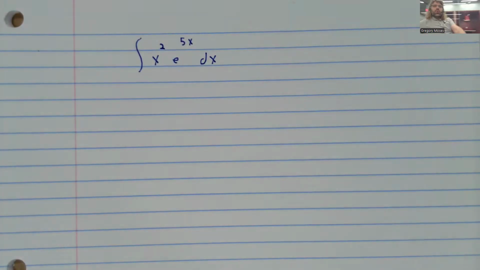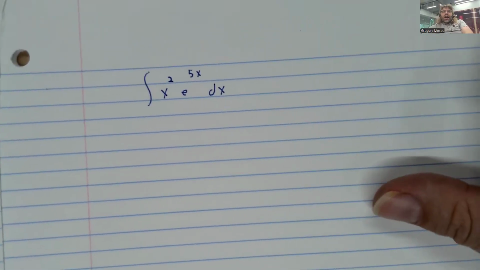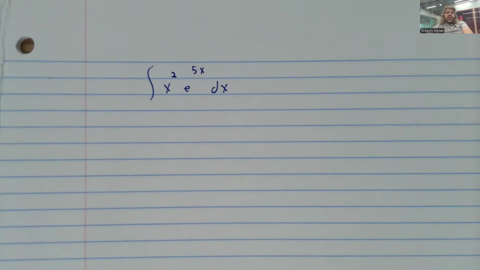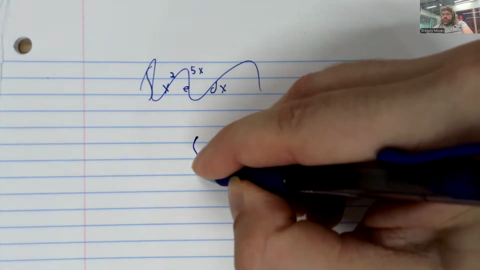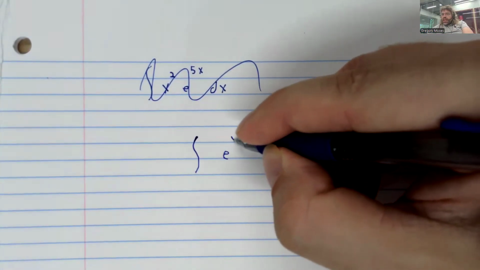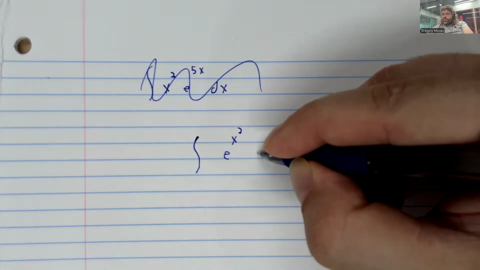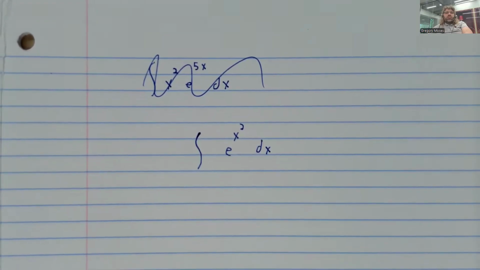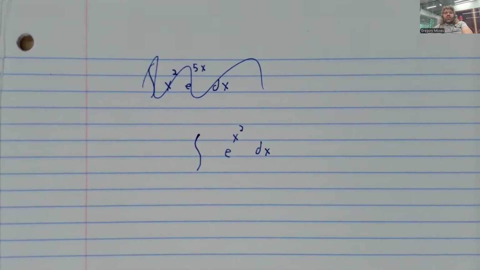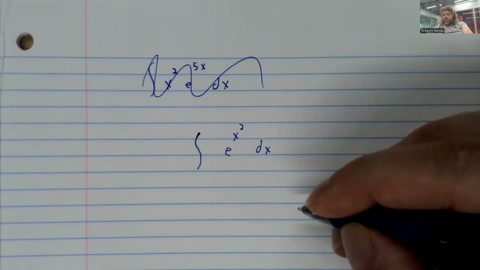The integral of x squared e to the 5x. The trick, or maybe let's look at e to the x squared dx. The trick I just presented you is not going to work here.